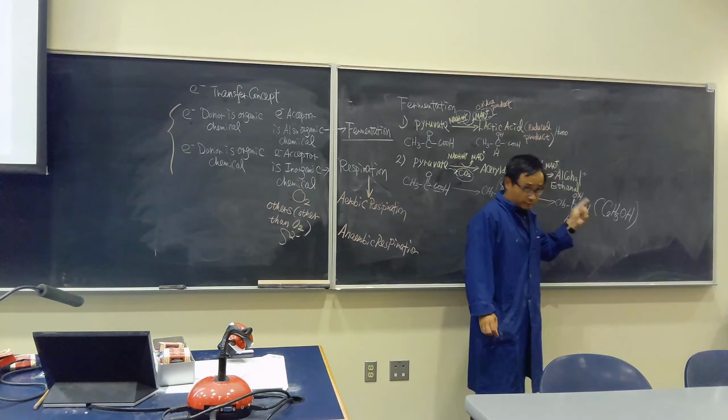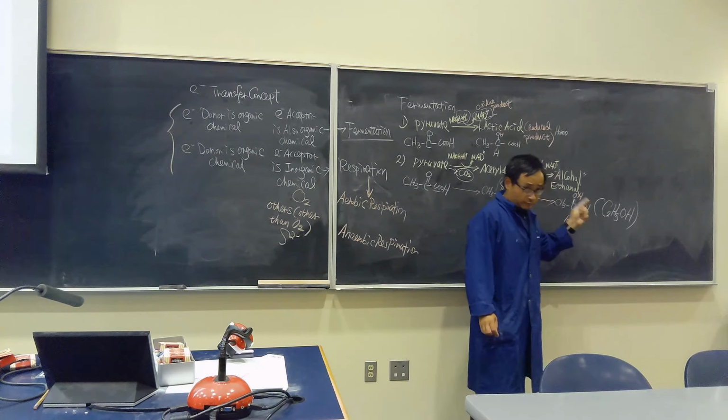And if they only generate lactic acid, we call it homofermentation. Okay? Now, of course, the second step is complicated. This is just the outline. So, give you an example.